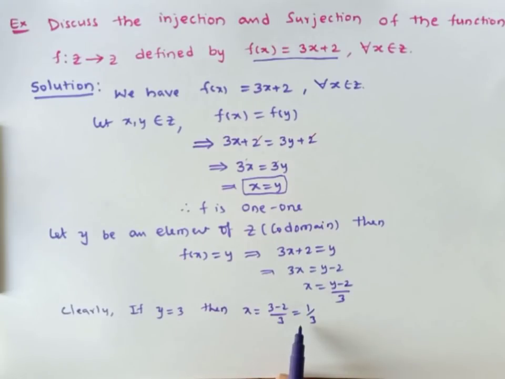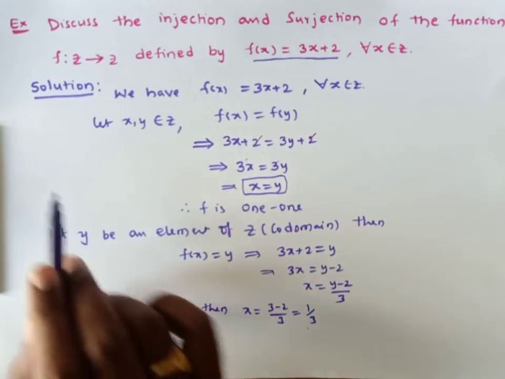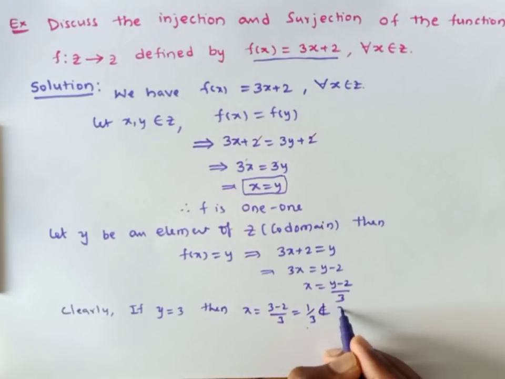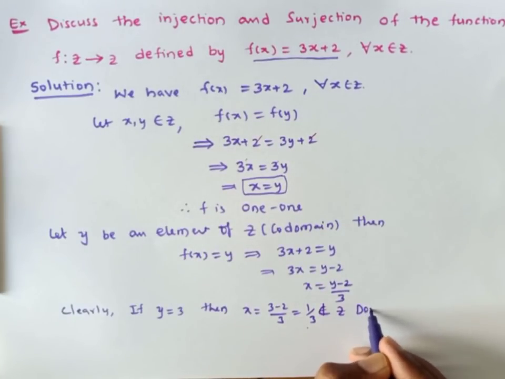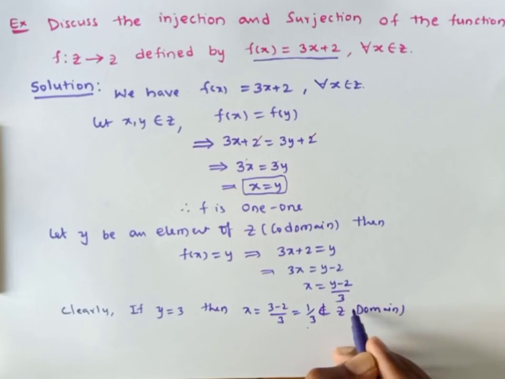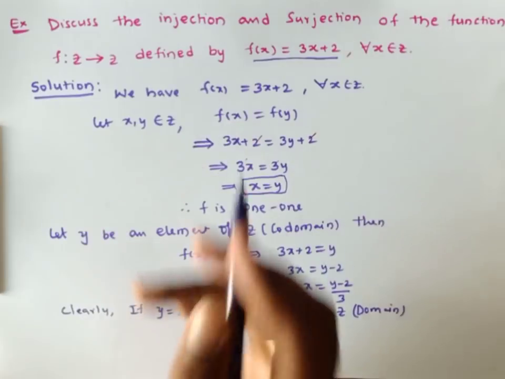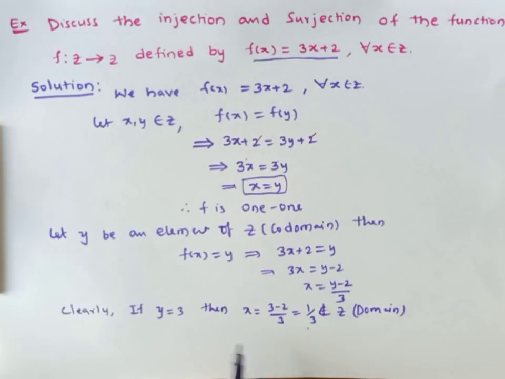But there is no x like 1 by 3 in Z. So 1 by 3 does not belong to the domain. What you observe is that for the element 3 in the codomain, there is no pre-image.